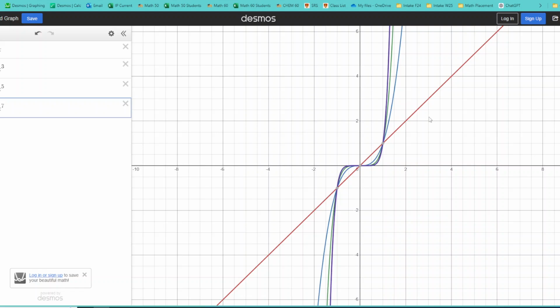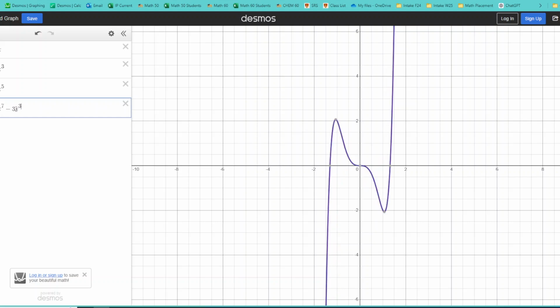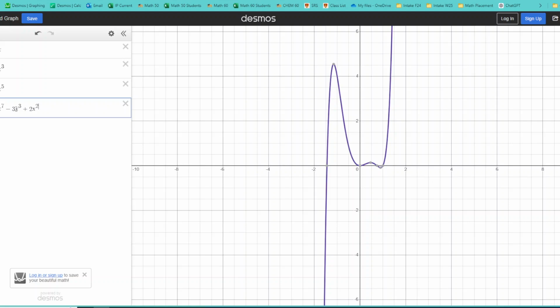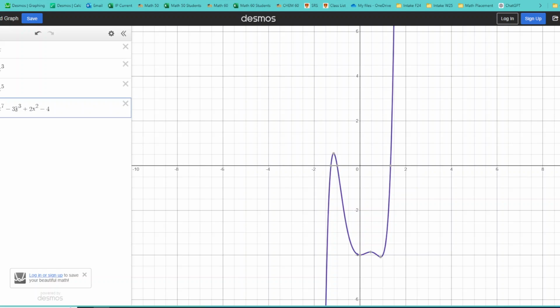So these are all odd degrees with positive coefficients. And I could go and make these super complicated, like I've just done x to the 7. But let's make this x to the 7 minus 3x to the 3 plus 2x squared minus 4. Okay, so I've made this equation more complicated, so I've added more terms to it.